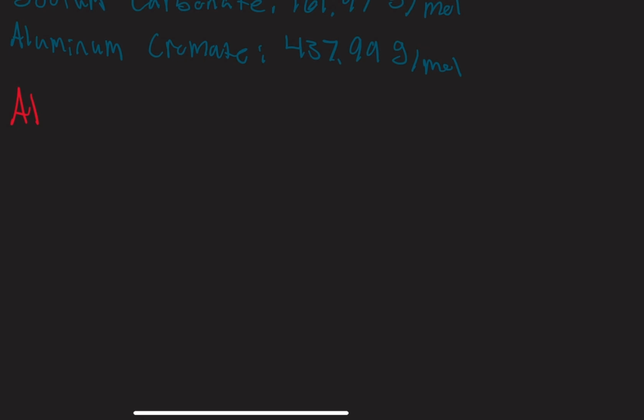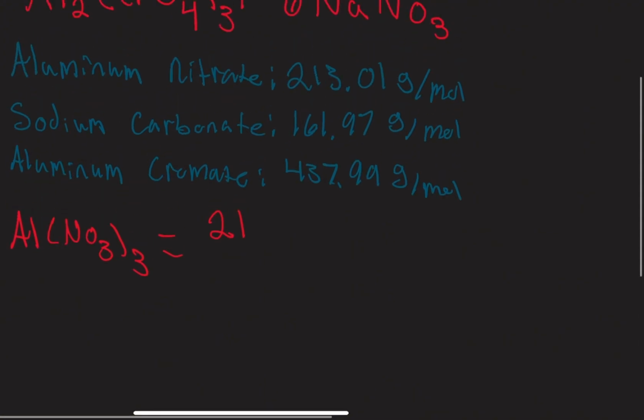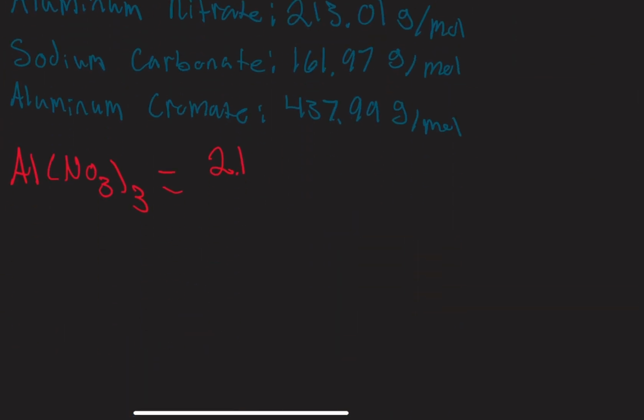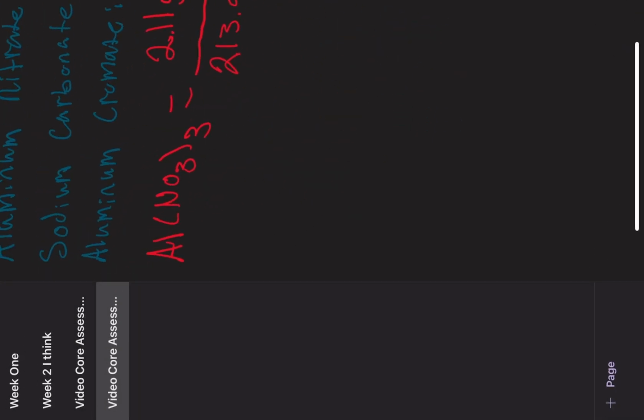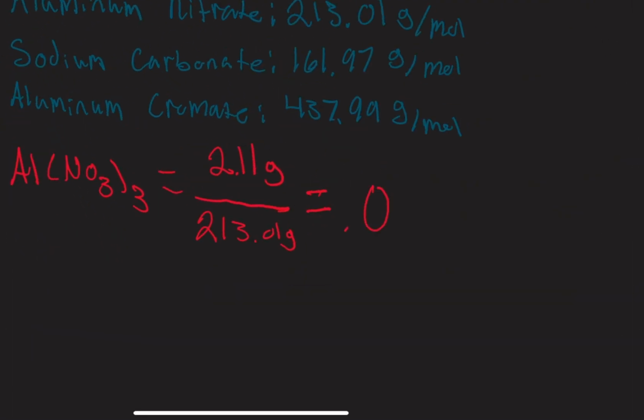So aluminum nitrate, and you're going to put the mass on top, 2.11 grams over the 213.01 grams per mole, and that equals 0.009 moles.